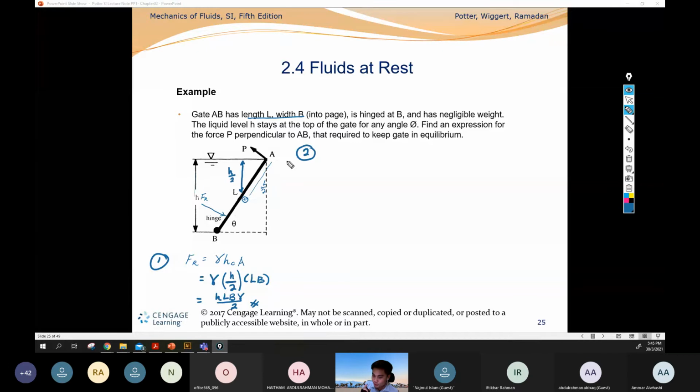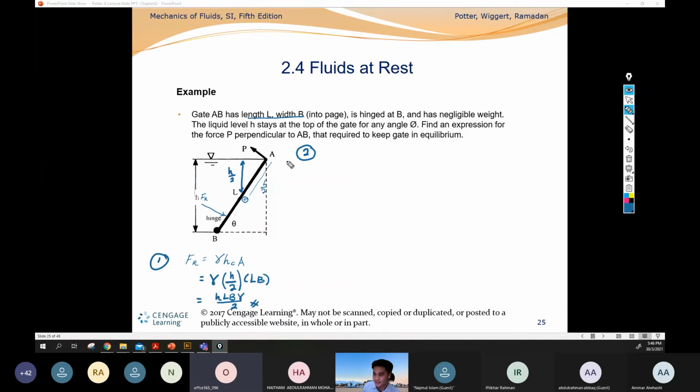Later on, you are going to use the length of y_cp to find the moment at point B. Remember, we use the summation of moments equal to 0 at point B, so that we can find the value of P. Everyone clear?